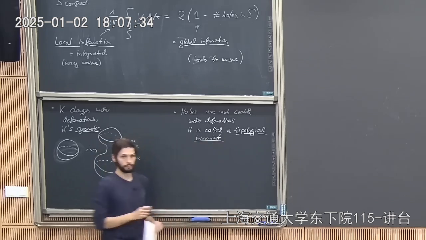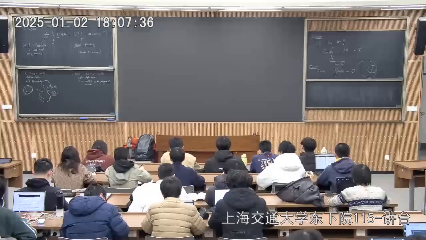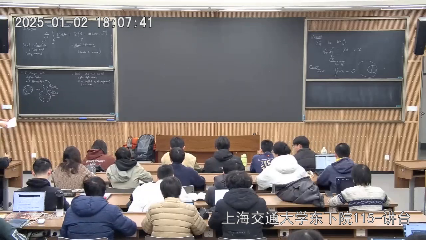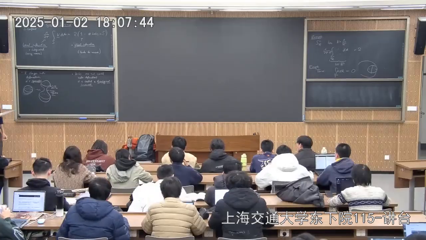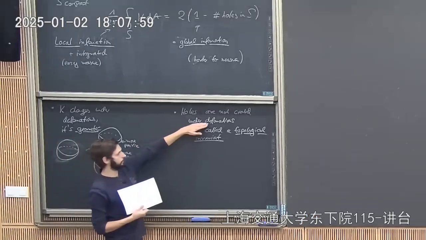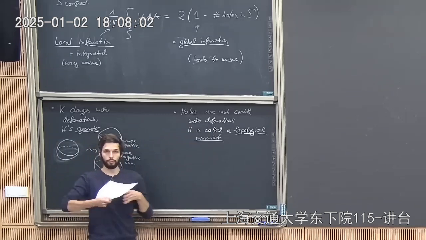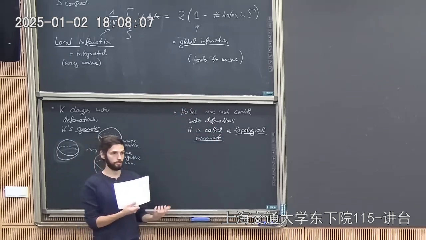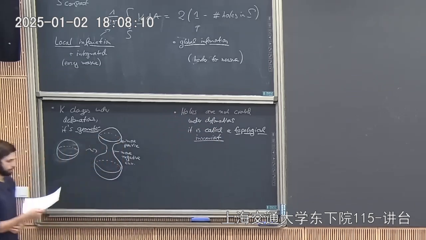So it stays invariant: the number of holes doesn't change if you deform it. And if you're a physicist, then you might want to call that some kind of topological conservation law, like conservation of energy. If you change time, then the energy doesn't change. Here we have something like a conservation law where we change the shape of the object and something doesn't change, and that is the number of holes. So that's kind of like a conservation law.